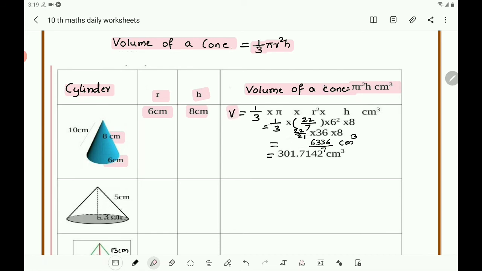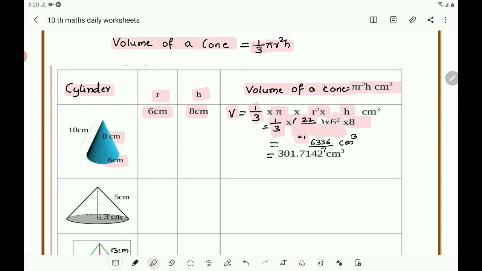Write the formula V equals 1 by 3 pi into R square into H, and you write 1 by 3 as it is. The value of pi is 22 by 7 and R square is 6 square and H is 8. Then 1 into 22, you write 22. 3 into 7 is 21. 22 by 21 into 6 square is 36. 8 you write.